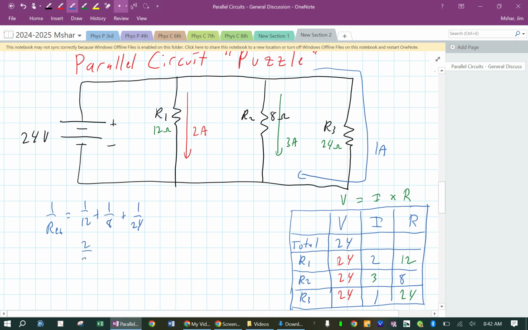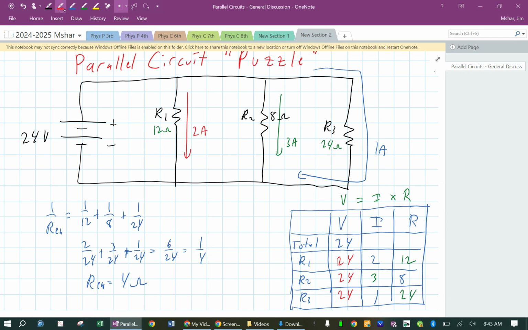This would be 2 over 24 plus 3 over 24 plus 1 over 24, which equals 6 over 24, which equals 1/4. And Req would just be that flipped over. So it'll be 4. So the total equivalent resistance of this parallel circuit is 4 ohms.